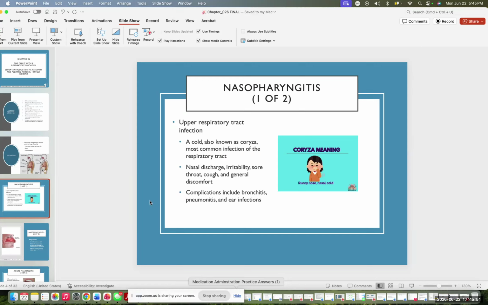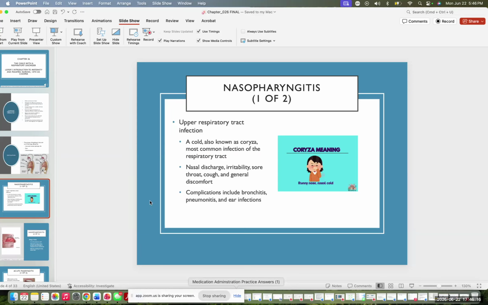It's going to be harder and harder for us to get rid of because our viruses are transforming, right? So coryza, also known as a cold, is the most common infection of the respiratory tract. This will keep you in your profession for years and years to come.